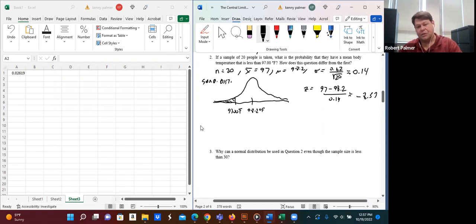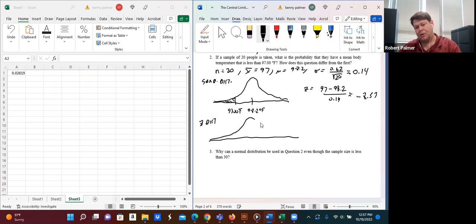Okay, so then if we do our z distribution, our picture, I'm going to try to draw it the same as much as I can. Here's 0. Here is negative 8.57, though in reality it would be way, way over here. I want to find the area to the left of that. And so once again, with Excel, I'll do the same calculation I did just a moment ago.